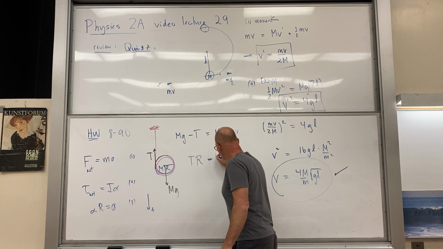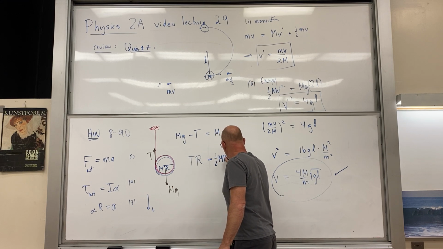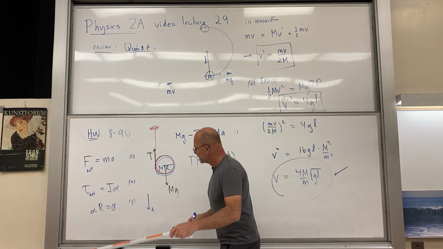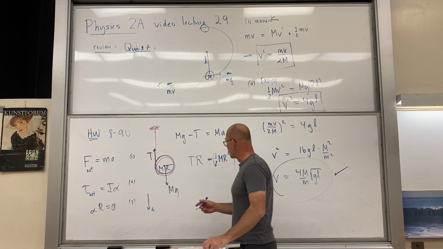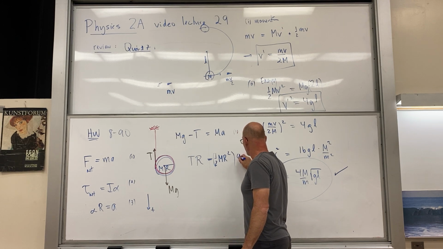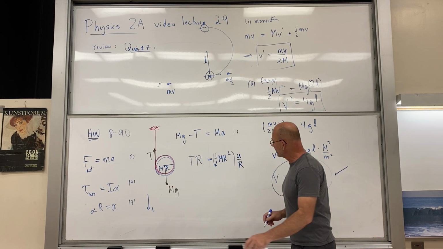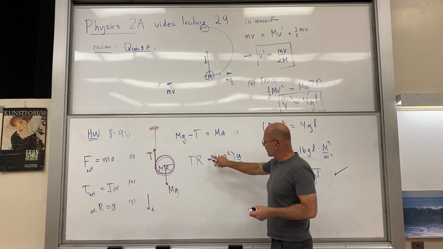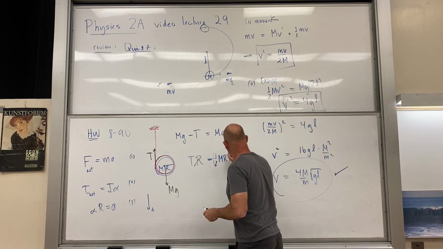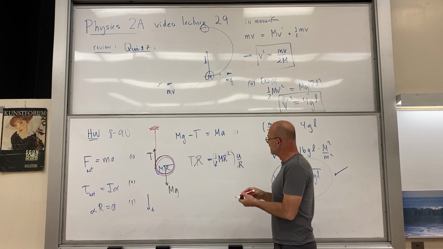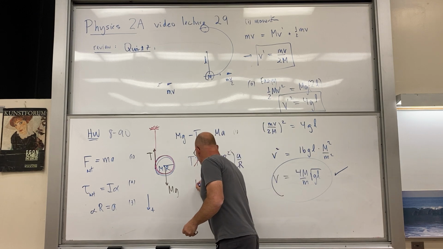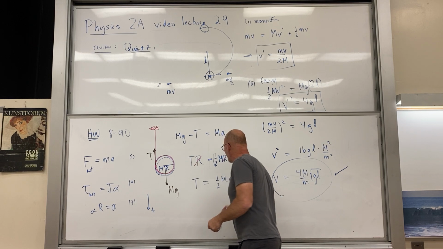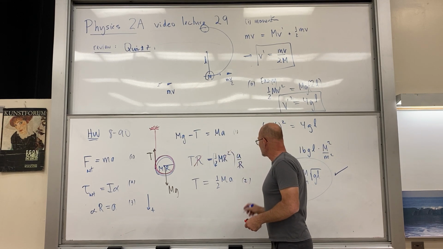Now, moment of inertia is a half m r squared, and the alpha is the acceleration divided by r. So a divided by r. And what that does is it cancels all the r's, because we have r squared divided by r, that's one power, they cancel on both sides. And what we have now is a second equation for the tension. T is equal to 1/2 ma. So there's our second equation.